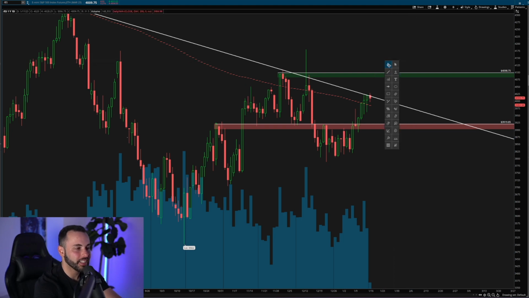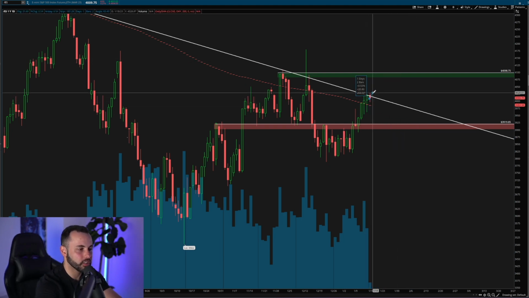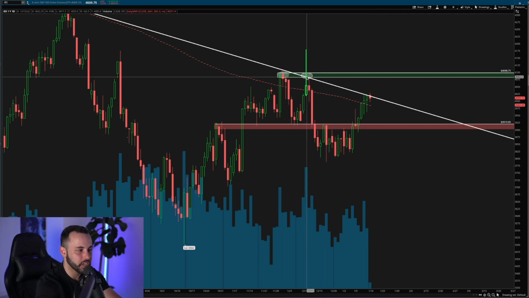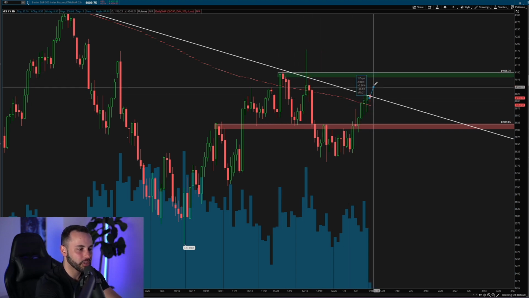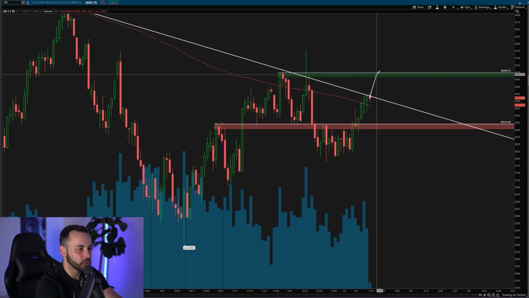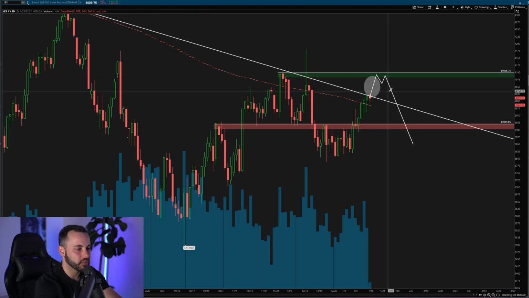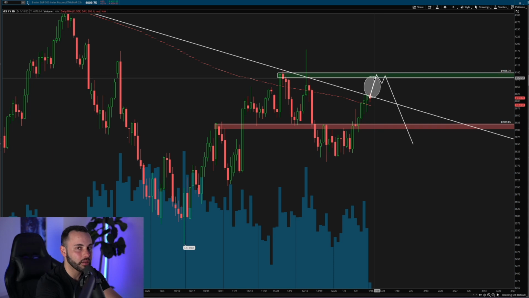Now, the reason I find it difficult to just trade upside off this long-term downtrend is because you have to be aware of these previous rejection points. These are very much rejection points on the market around 4,100, and if you get a little bit too early to trusting the upside, you could potentially find yourself in a triple top here around 4,100. Maybe this is a bit of a bull trap here above this long-term downtrend, and that is what I am trying to avoid.